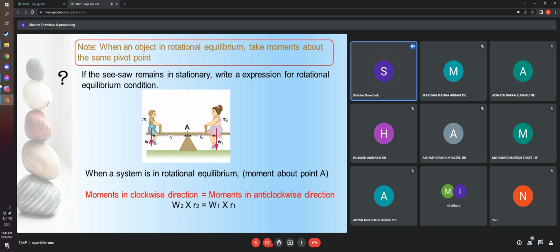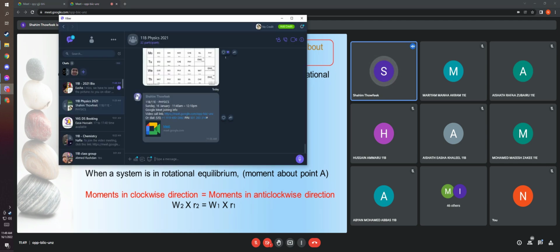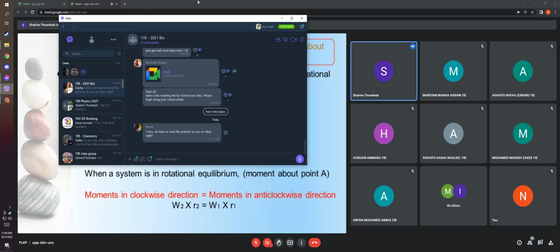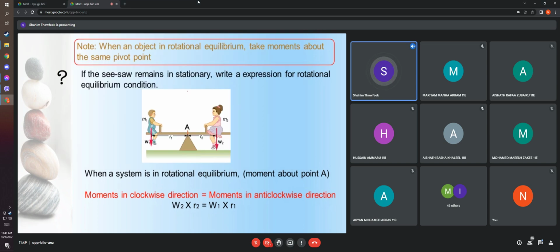In this example, a girl and a boy are sitting on the seesaw and it is rotating about point A. Now I have to take moments about point A. If I take moments about point A, what are the clockwise moments? There are two forces acting, the weight of the girl W2 and weight of the boy W1.